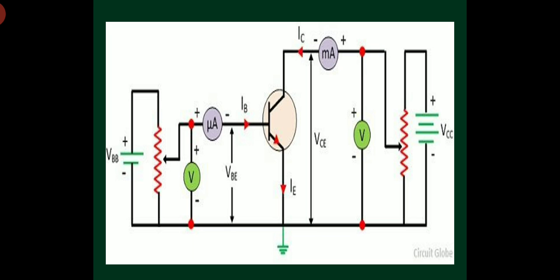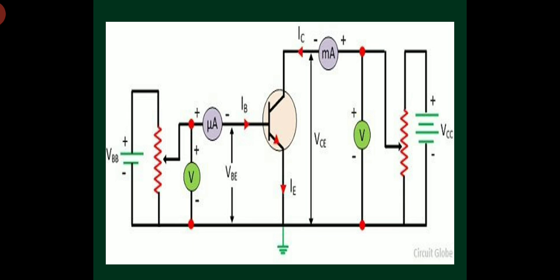It is the input voltage across the transistor. In order to know the input current IB, I am using an ammeter, right? So make sure that the ammeter is always connected in series and the voltmeter is always connected in parallel. Here I am using a microamp ammeter. Why? Because the input current is IB here.